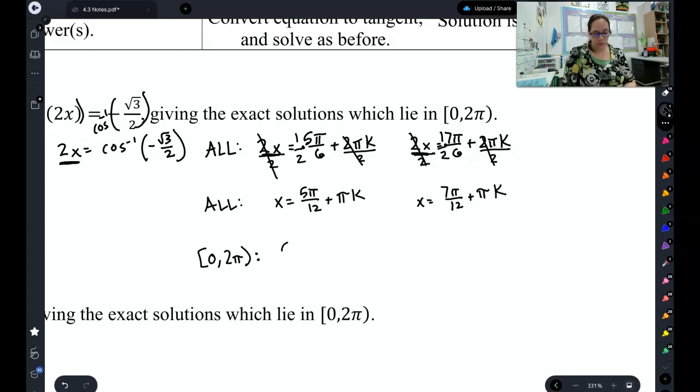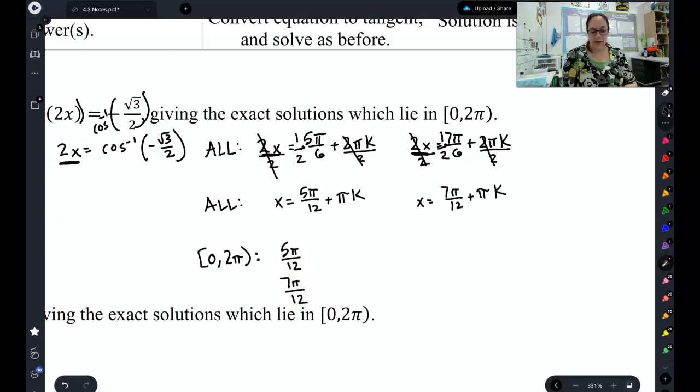So what I'm going to do is take my first solutions, 5 pi 12ths and 7 pi 12ths, and I'm going to start adding pi k over and over and over until it gets bigger than 2 pi. Now, I know some of us struggle with fractions a little bit, so here's what I'm going to do to make this a little easier. Notice that my denominator for these fractions are both 12ths.